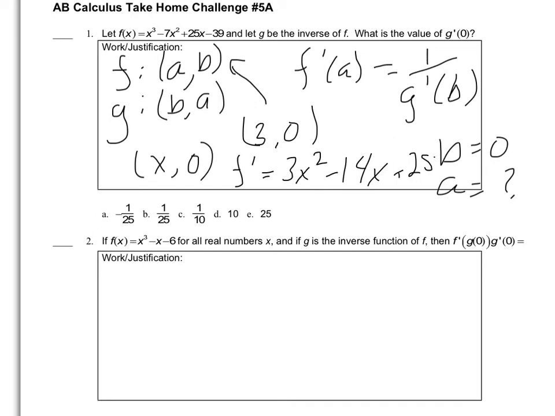If I let x equal 3, I get 27 minus 42. Sorry, that's a 42. Plus 25. 27 plus 25 is 52. Minus 42 is 10. So the slope when x equals 3 in the original function is 10, which would make the slope when x equals 0 in the inverse function the reciprocal, or 1/10.